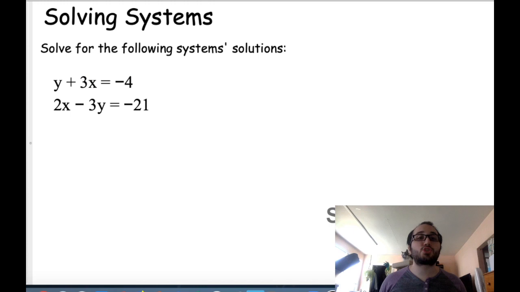Okay, so now it says solve the following system for the solutions, right? There are different ways. You can do it graphically, or you could do it using substitution or elimination. I see that y is already by itself, so I'm going to use substitution. I'm going to get y by itself and then substitute it back into the equation below.